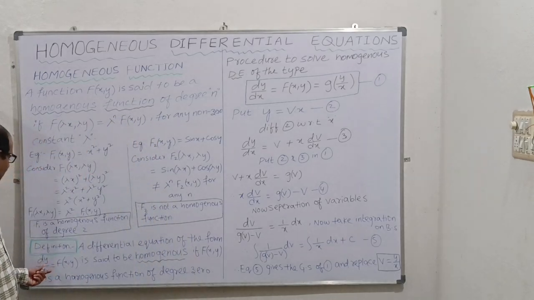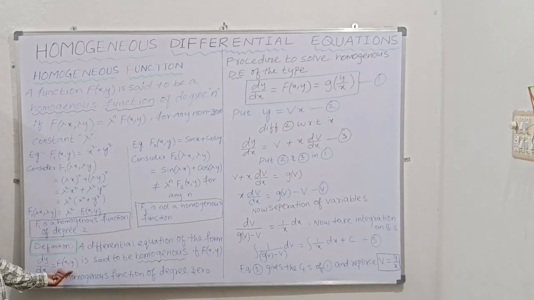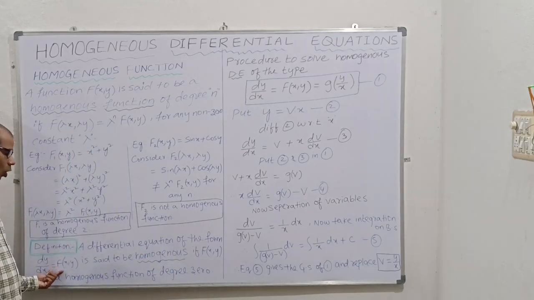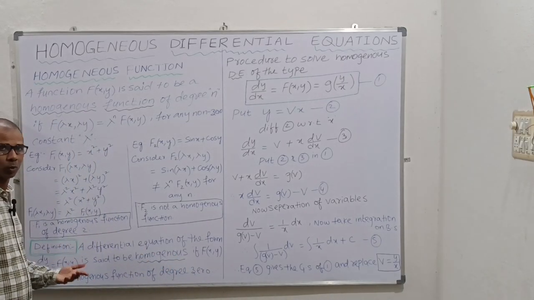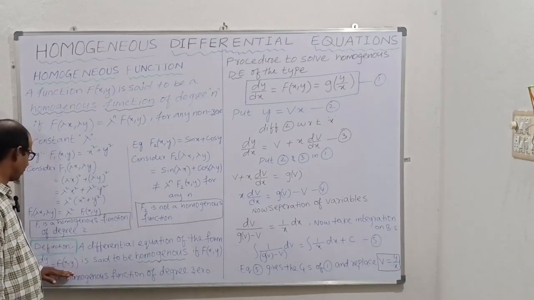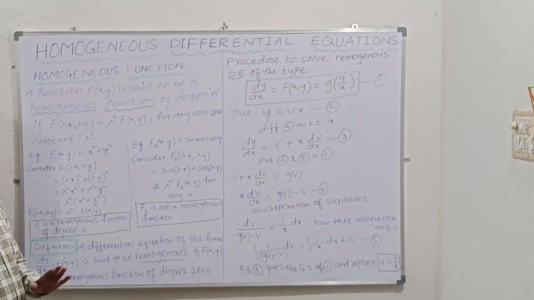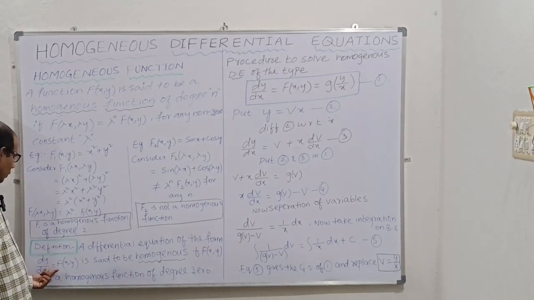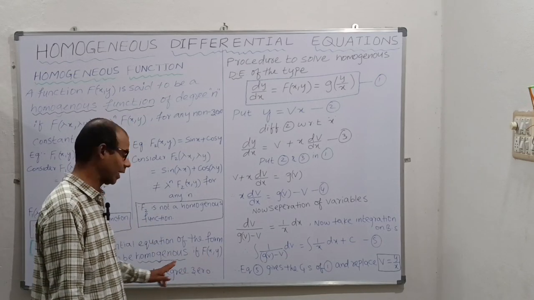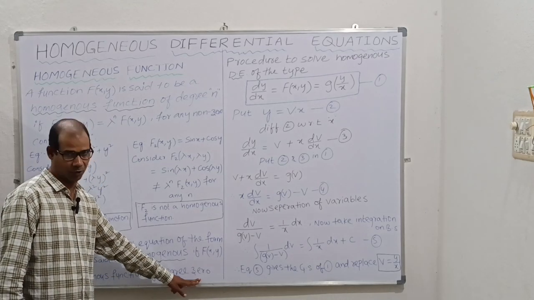So the differential equation dy by dx is equals to f of x comma y is a homogeneous differential equation when the function f of x comma y is a homogeneous function of degree 0.